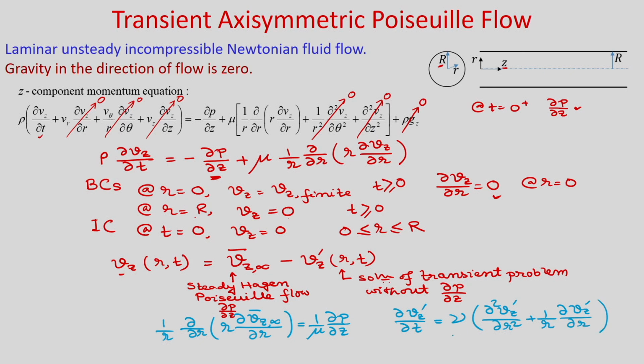So, you can see this is the transient velocity profile Vz prime for this axisymmetric Poiseuille flow, but there is no pressure gradient term involved.